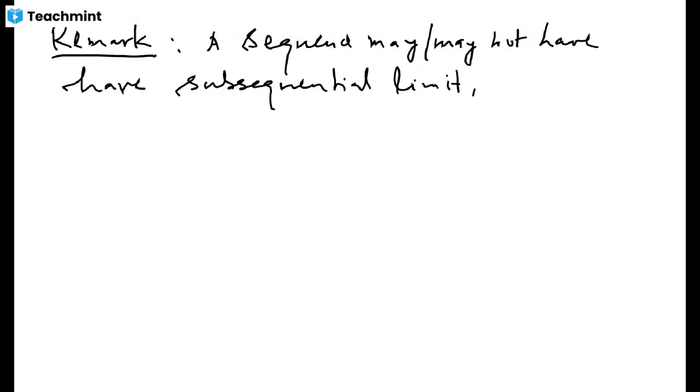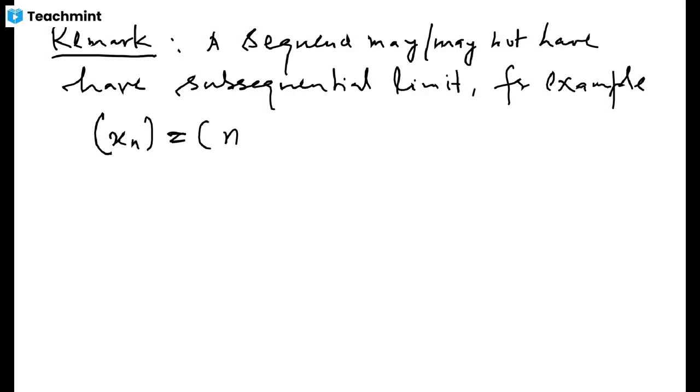For example, let us take the sequence xn equals n square. Because this sequence is unbounded, every subsequence of this sequence is going to be unbounded and going to infinity. So none of its subsequences is going to be convergent. So this has no subsequential limit.